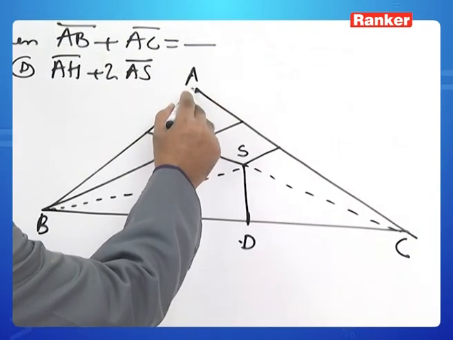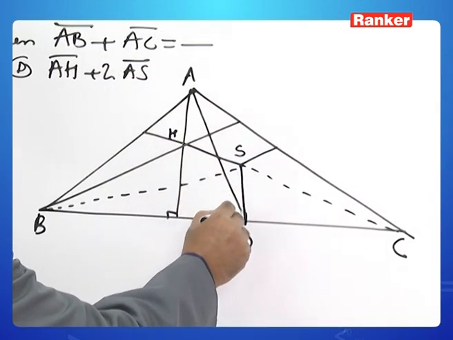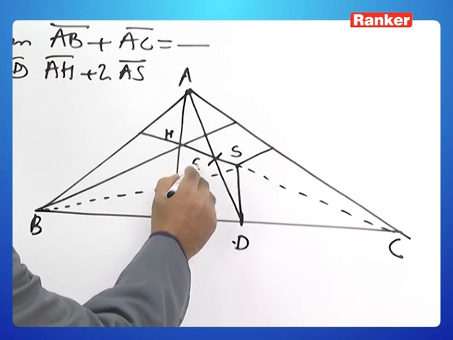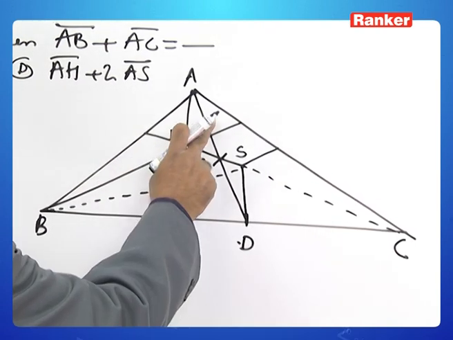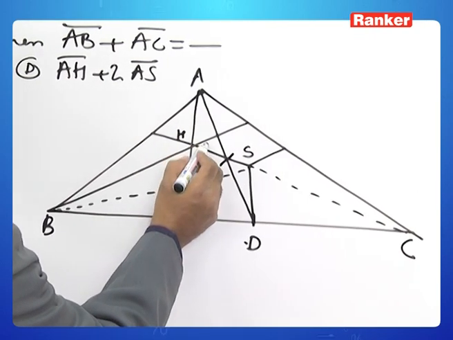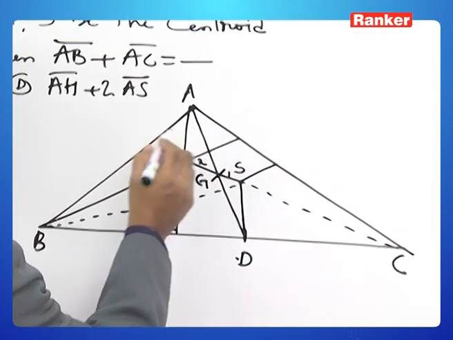Meanwhile, you draw a median, this is the centroid. Centroid always divides the median in what ratio? 2:1. Therefore, this is also 2:1.